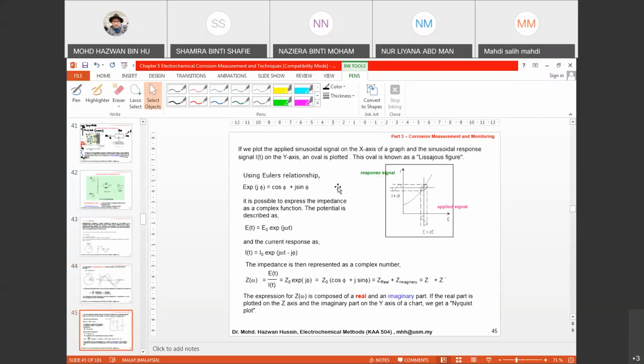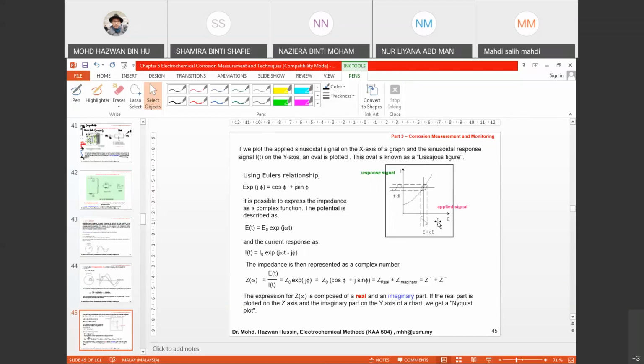If we plot the applied sinusoidal signals on the x-axis, it gives us a plot known as a Lissajous figure. A Lissajous figure is a mathematical figure that relates the response signal to the applied signal. Sometimes when you measure impedance, you will see an oblong-shaped response.